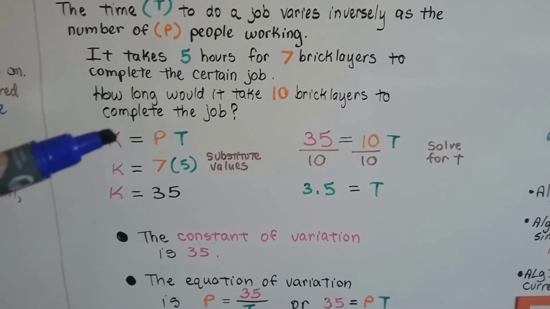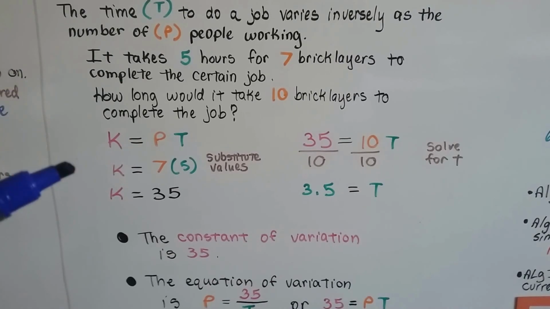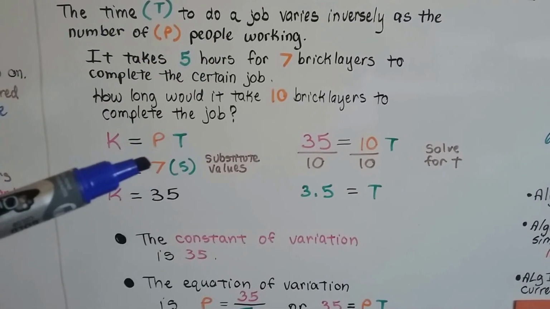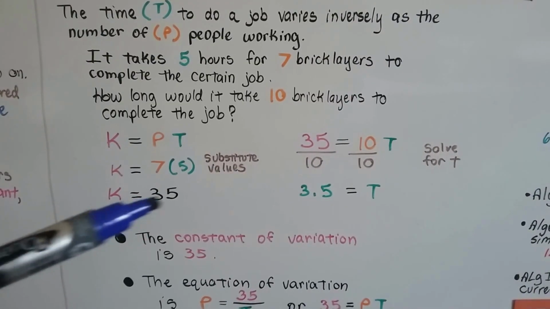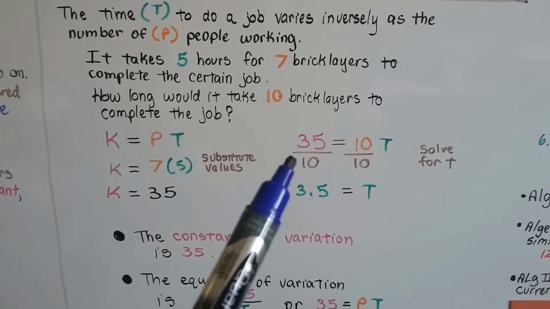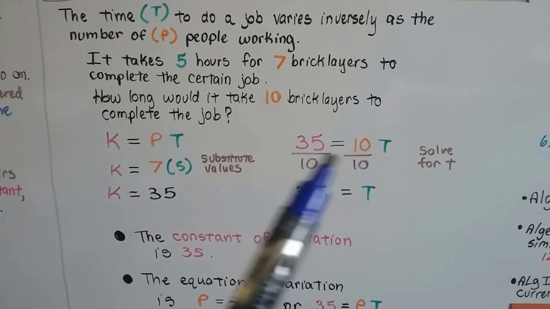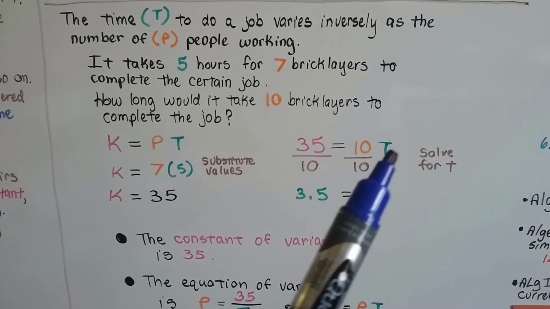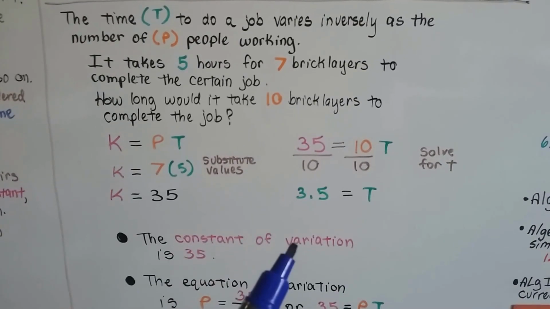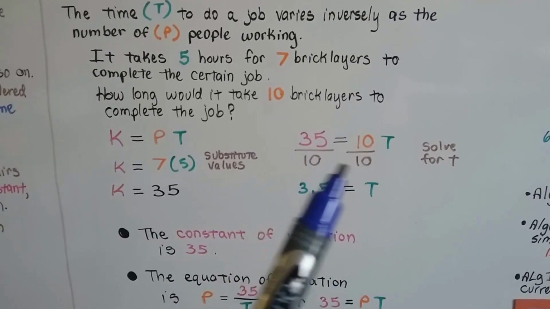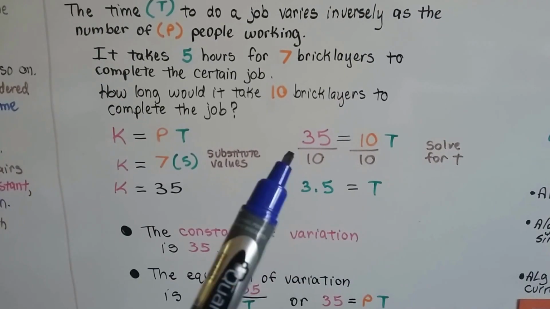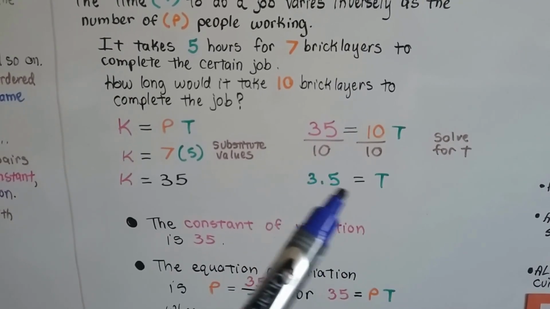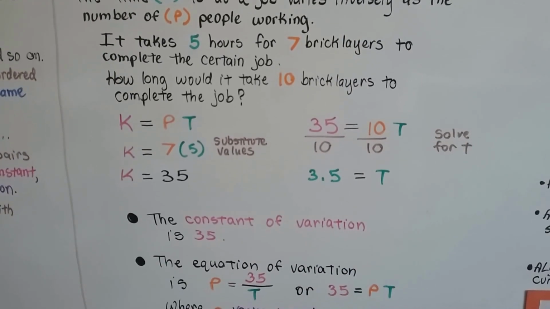So we've got k equals p times t. We can plug our values in. k equals 5 times 7, or 7 times 5, and that would be 35. And 35 equals 10 times t, because now we've got 10 bricklayers. We can divide each side by that 10 to isolate the t, solve for t, and we get 3.5 for t.